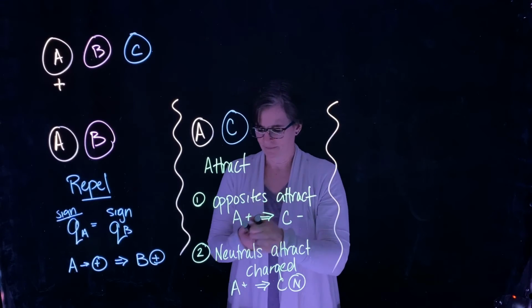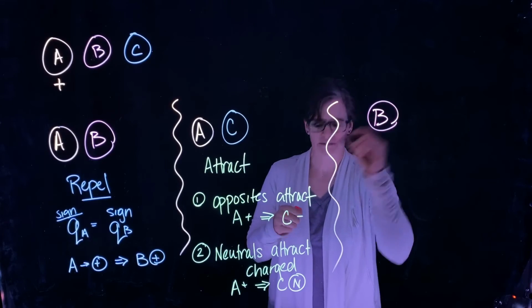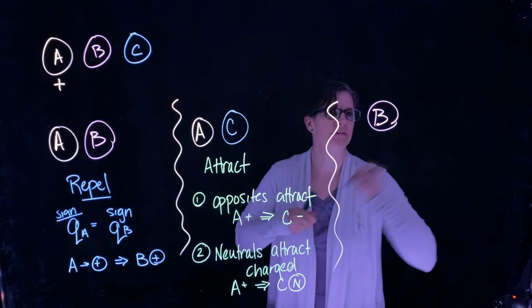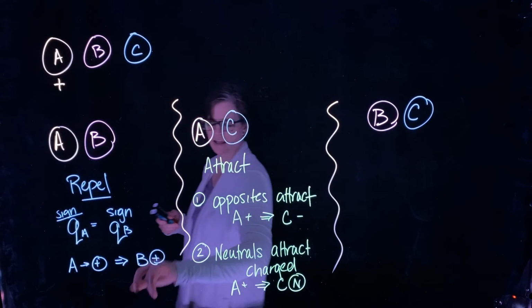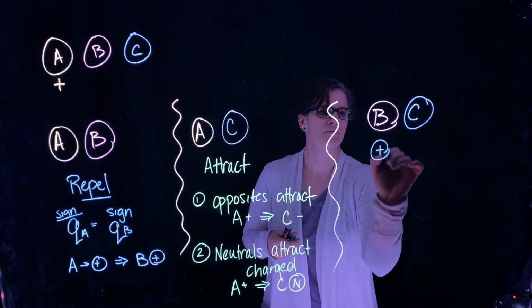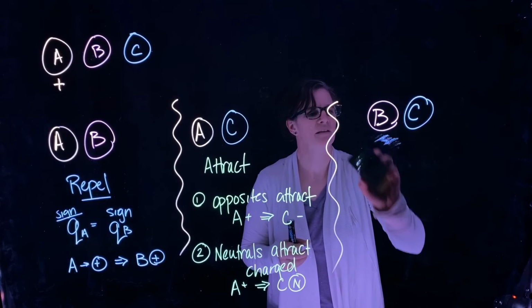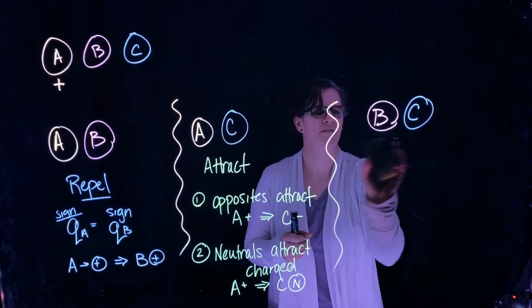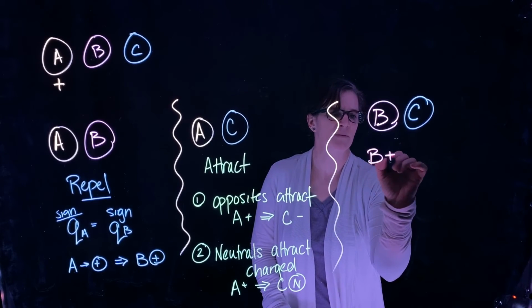If B is brought next to C, what would happen? Well, we've learned in our first experiment that object B is positive. All right, we know from our first experiment that B is positive.